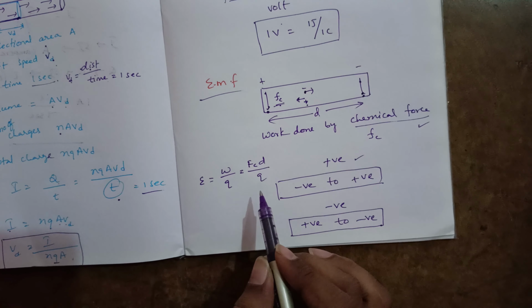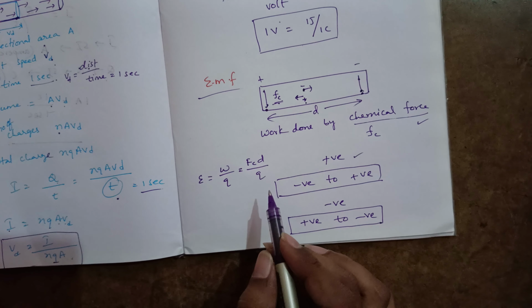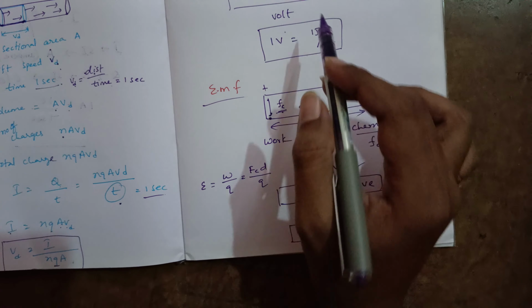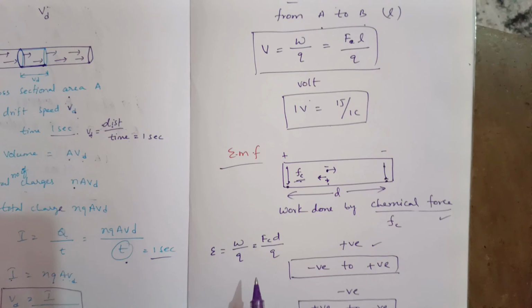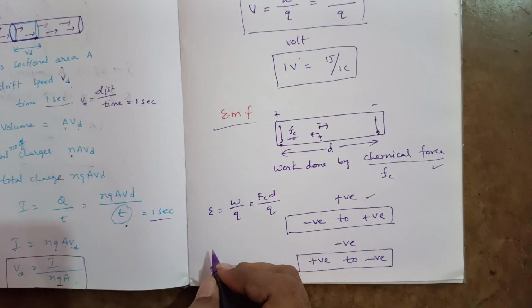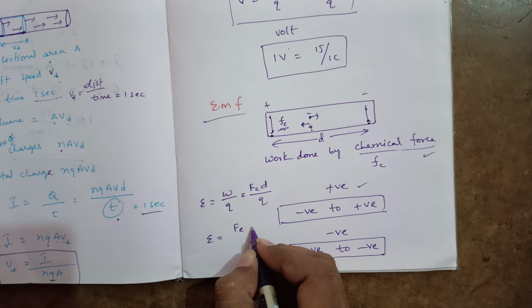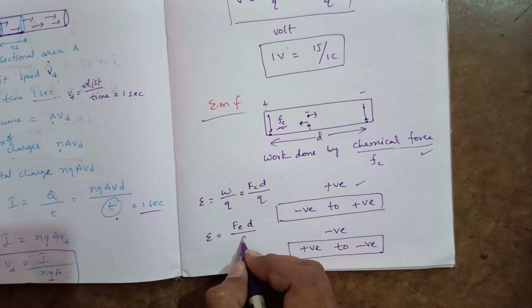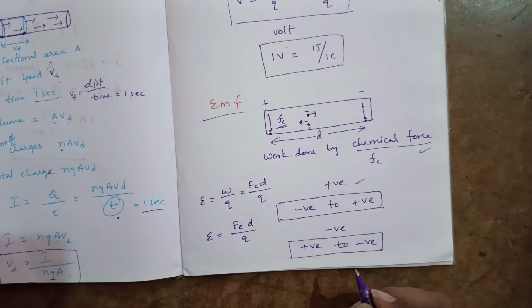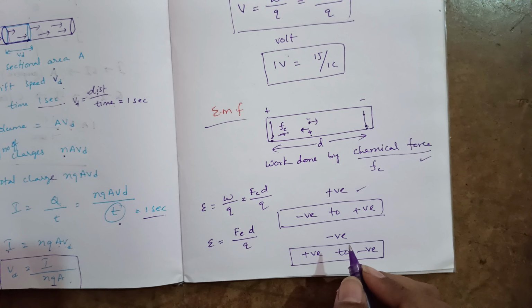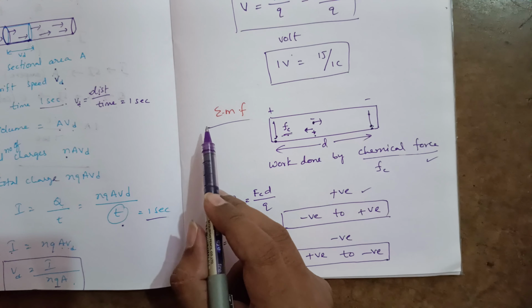The units are the same, volts, 1 joule per 1 coulomb.